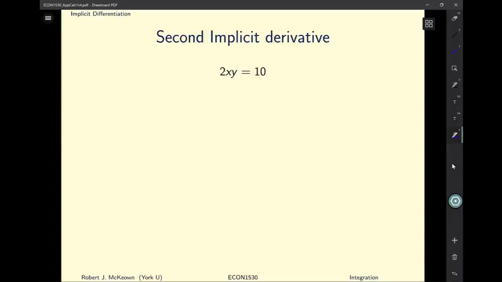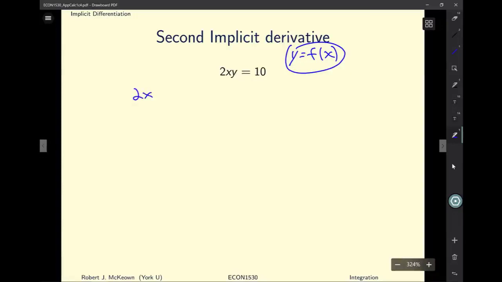Sometimes we want to find the second derivative of implicit functions. So let's work through an example today. There's a little bit of a twist. We've got 2xy is equal to 10. We'll take the derivative of both sides of the expression with respect to x, understanding that y is some sort of relationship with x.